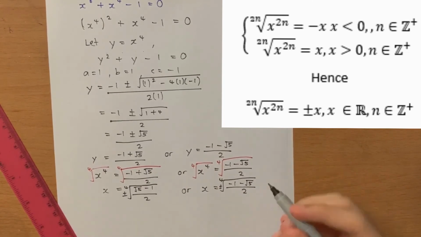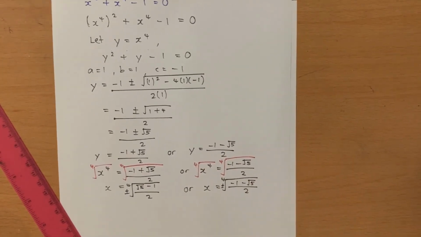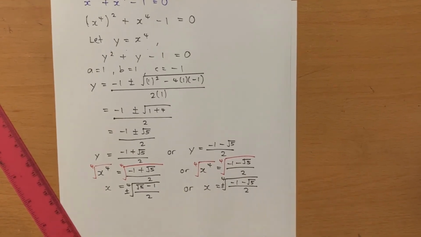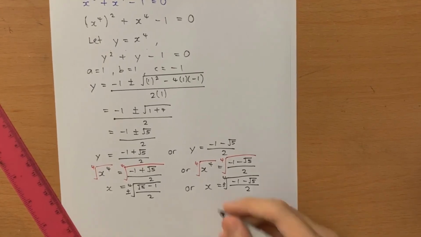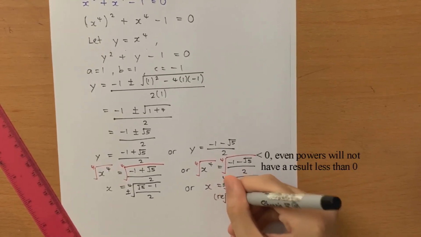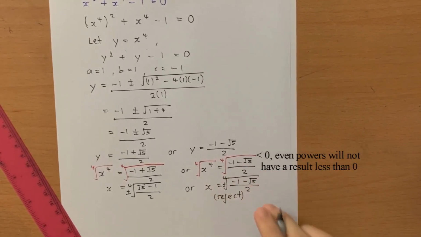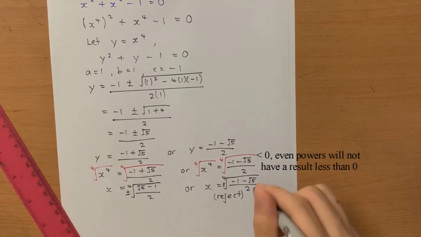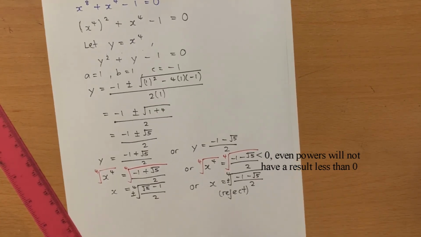And now you can see minus 1 minus square root 5 is surely less than 0. Divided by 2 is surely less than 0, which is negative. And we can't have a negative here. So we are just going to reject this solution because we can't get any values. If you multiply a number 4 times, whether it's negative or positive, it will eventually be positive. So this is not acceptable.